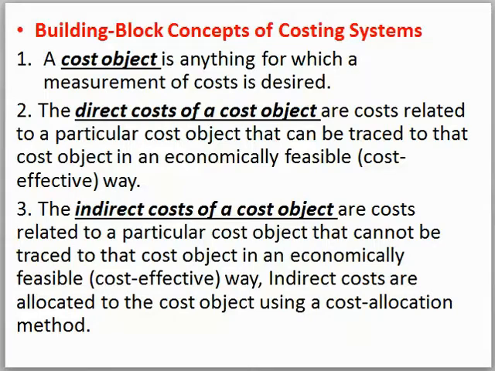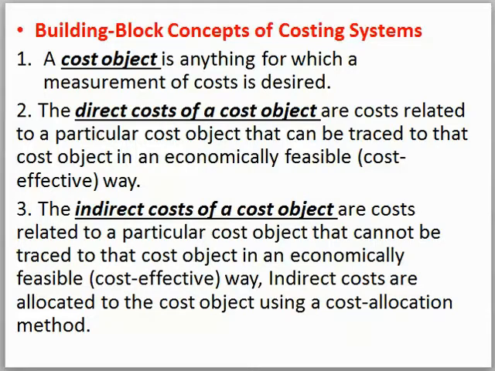Second, the direct costs of a cost object are the costs related to a particular cost object that can be traced easily to that cost object in an economically feasible and cost-effective way.